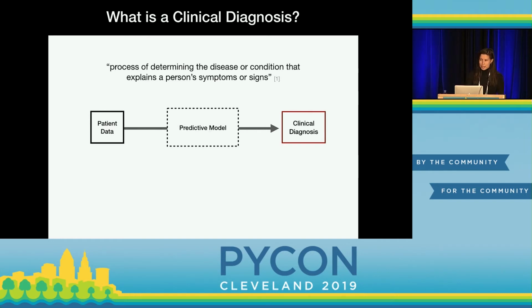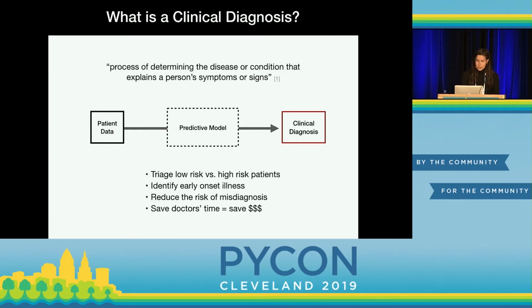But what if we could replicate this complex decision process using a machine learning model? Recent efforts in machine learning have focused on building tools like these to triage low-risk versus high-risk patients, identify early onset disease, and also reduce the risk of misdiagnosis, with the end goal of improving patient safety.